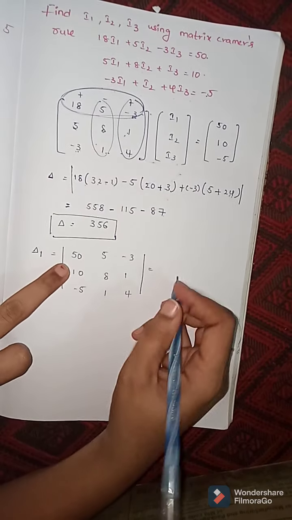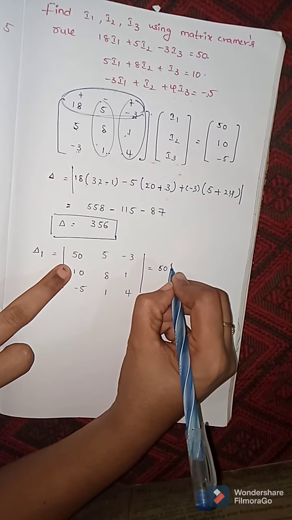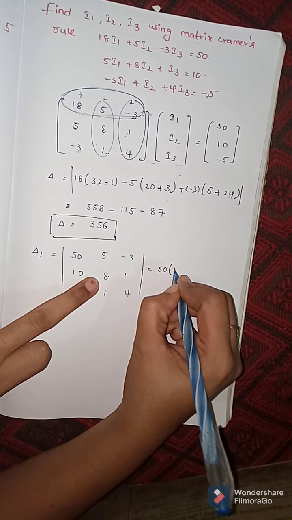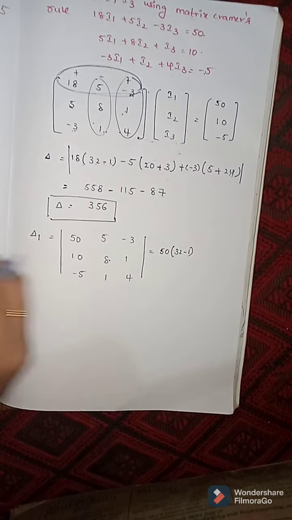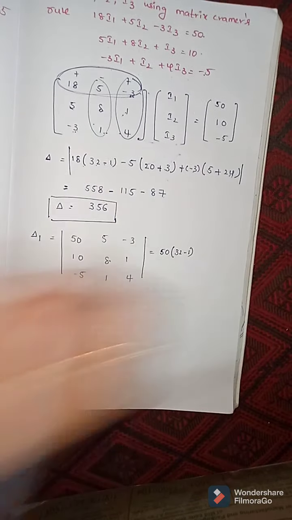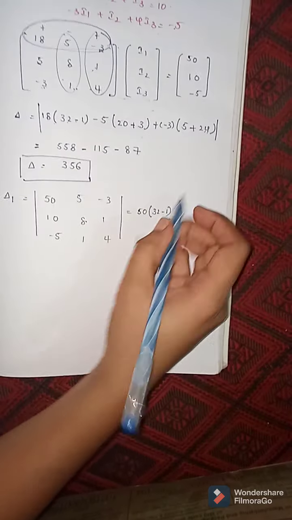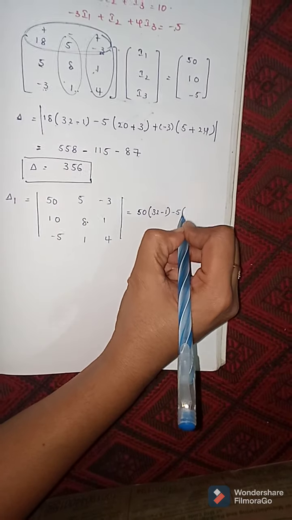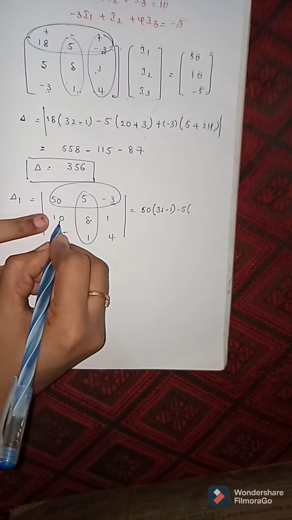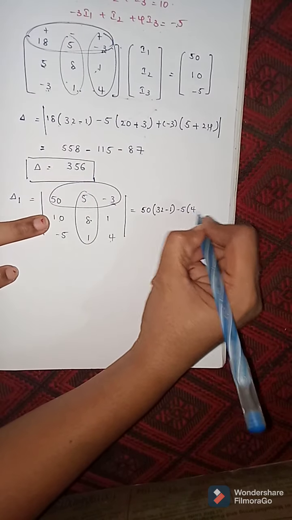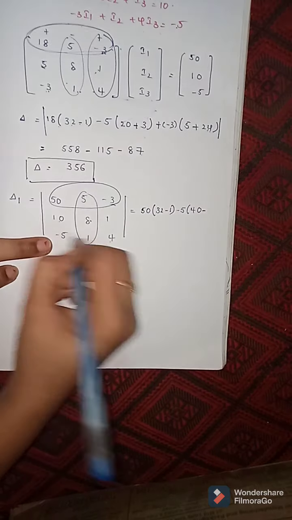Here same procedure, 50 into 8 4s are 32 minus 1. Similarly minus 5 into 10 4s are 40 minus 5 1s are 5.